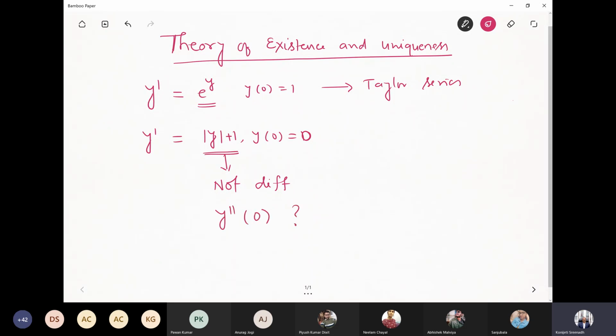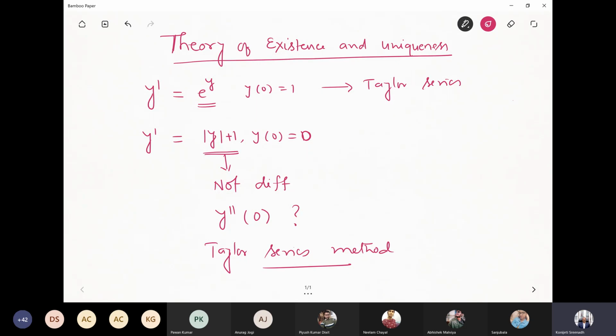So this itself is a problem. I can't find y double prime at 0. Therefore, Taylor series you cannot apply. Therefore, Taylor series is not useful. The series method you cannot apply in this case. You cannot have a series that converges to a solution of this equation.